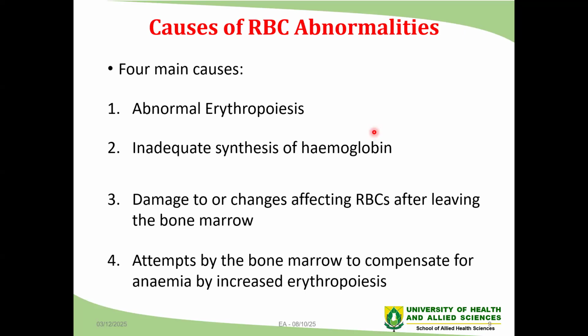So anytime you see a deviation of the normal shape, normal hemoglobinization, or size of the red cell, it tells you that one of these four things may be happening. And so you put on your diagnostic lenses, you put on your investigative lenses to find out exactly what is causing these things to happen.